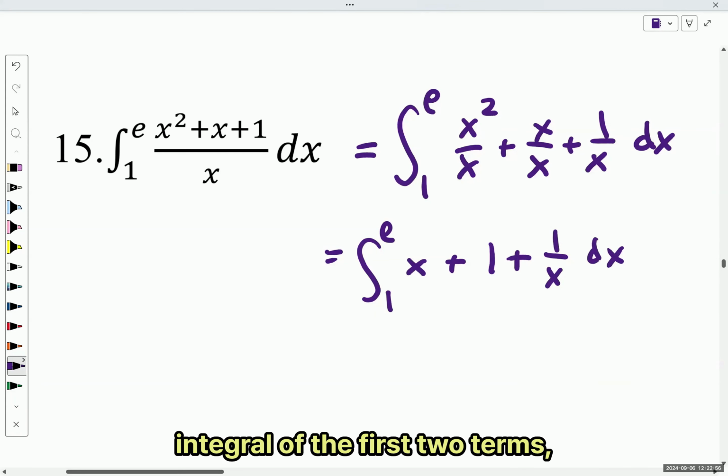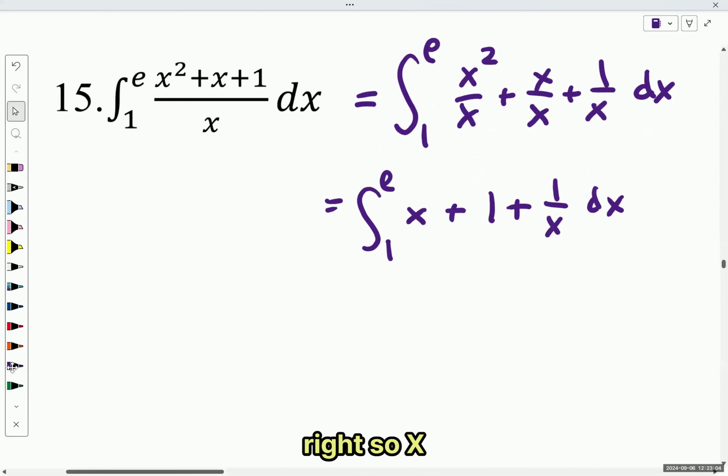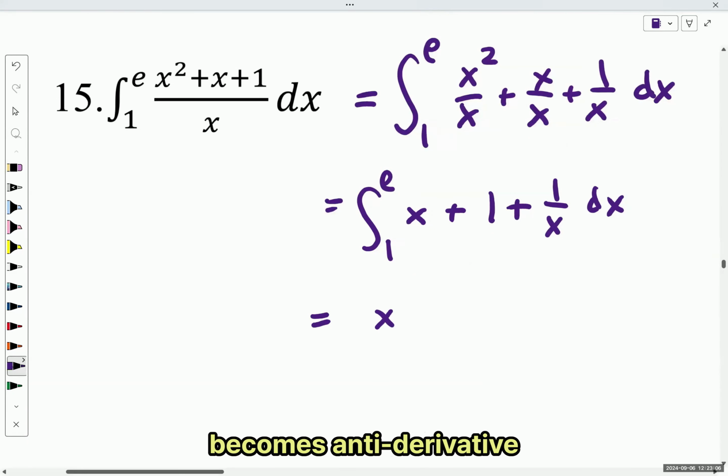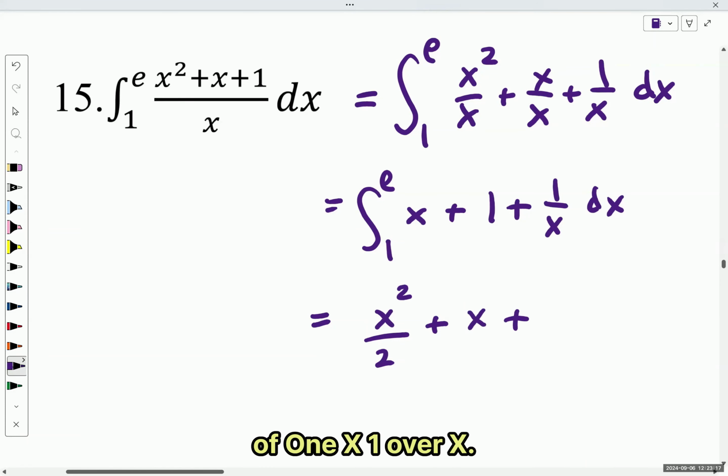Okay. Integral of the first two terms, you know how to do that from Calc 1. Right? So X becomes the antiderivative, X squared over 2. 1 becomes the antiderivative of 1, X. 1 over X. Here's the Calc 2 part.